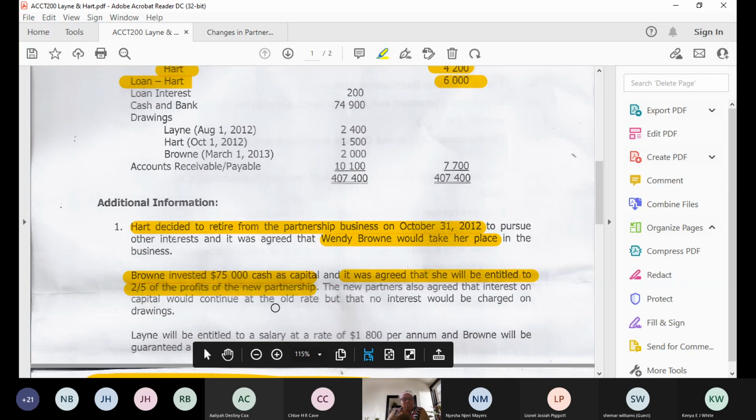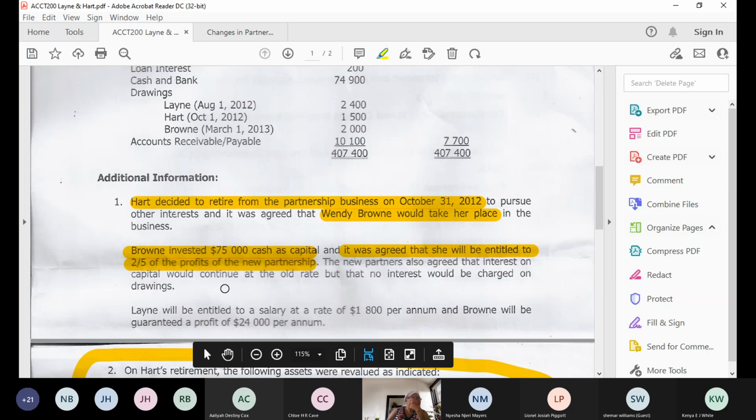So what is the profit sharing ratio for the new partnership? 2 and 3. Right, 2 and 3. So Brown is getting 2/5 and Layne is getting 3/5. Okay, so the new agreement is that the profit or losses will be shared 3/5 to Layne and 2/5 to Brown.